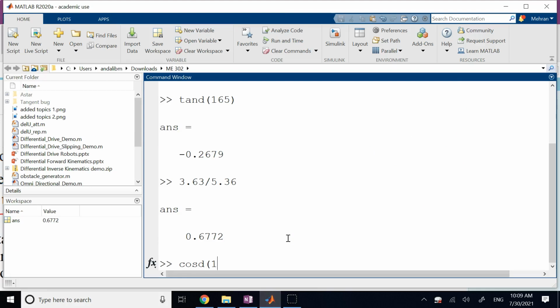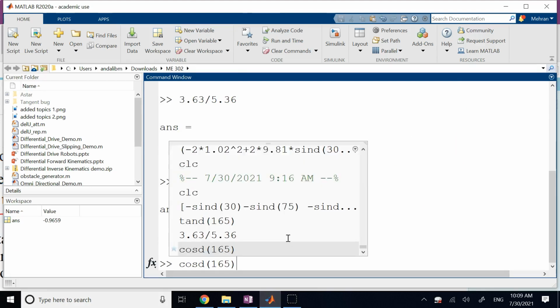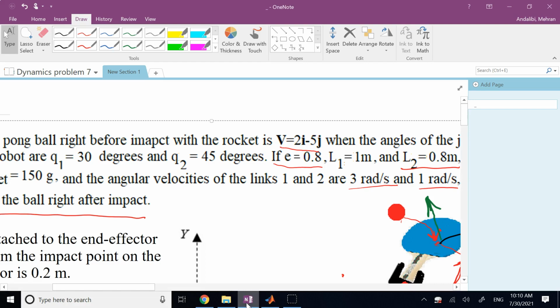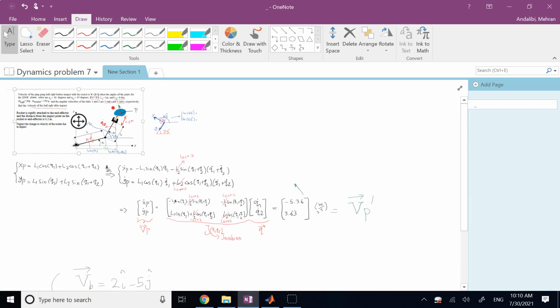So cosine d of 165 is this much, and then sine d of this is this much. So negative 97, if we use 2 decimals, negative 97 and 26.